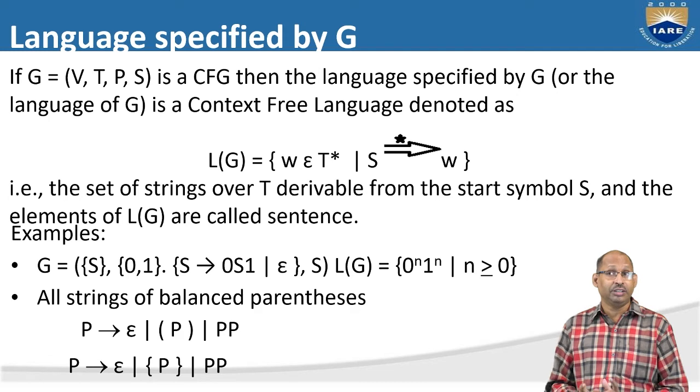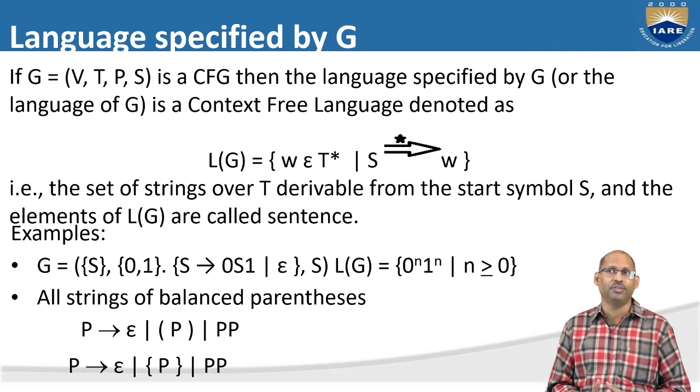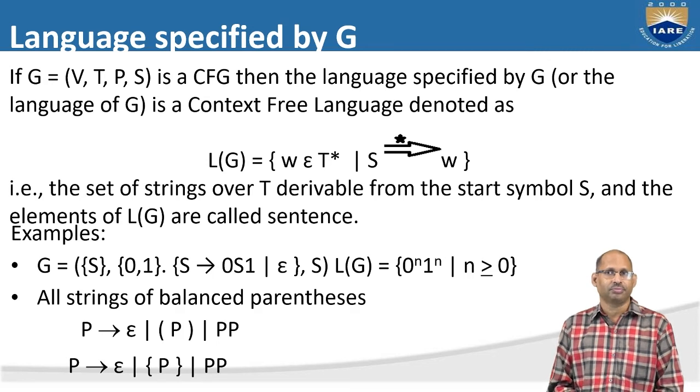This W must be derived from the starting symbol, so S star-derives W. The set of strings over T derivable from start symbol S, that belong to L of G, are called sentences.